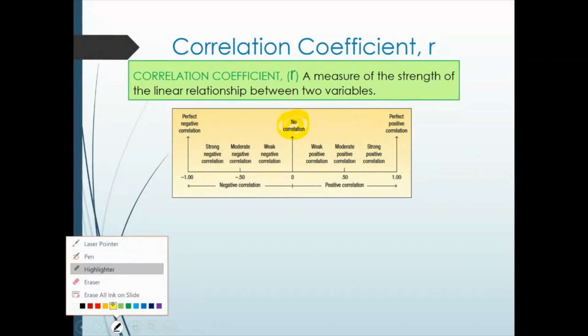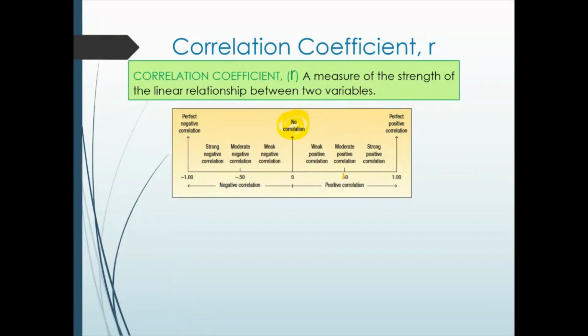So what are the numbers in between? Anything around half, whether it's positive or negative, means moderate. Any number around 0.5, let's say 0.6 or 0.4, is your moderate, whether it's positive or negative.